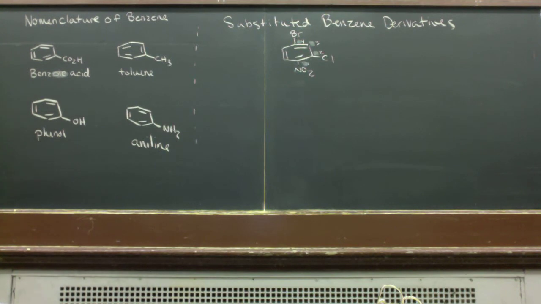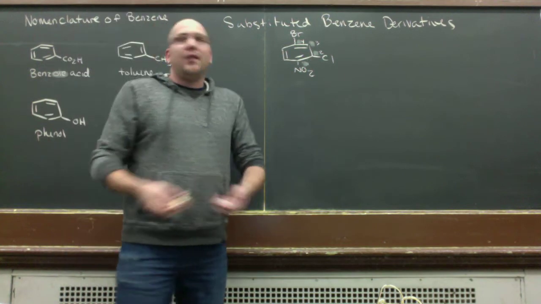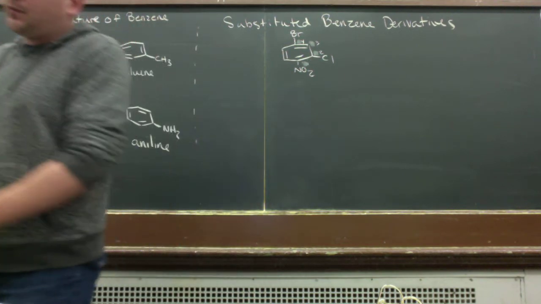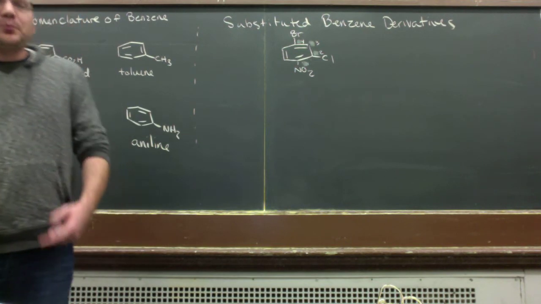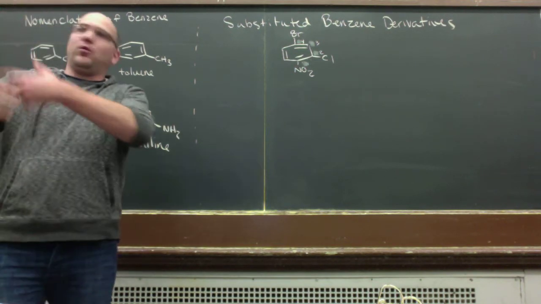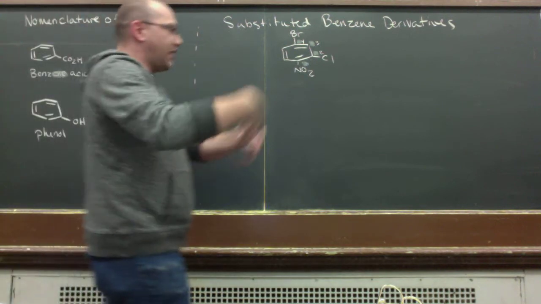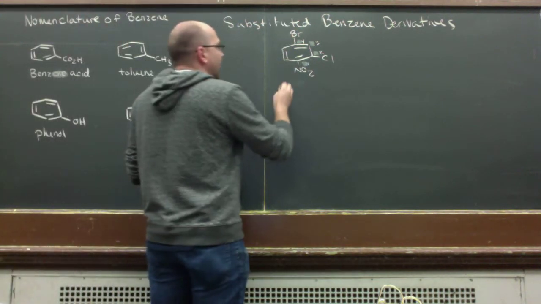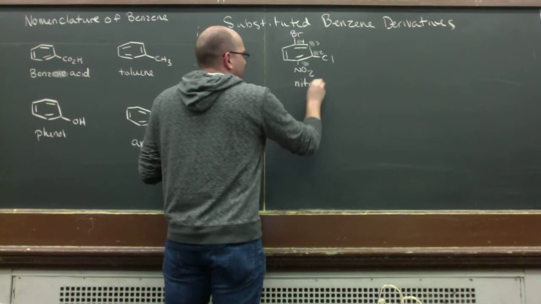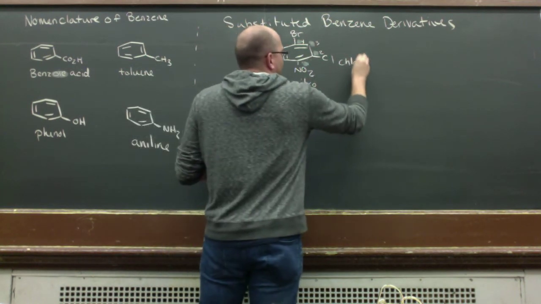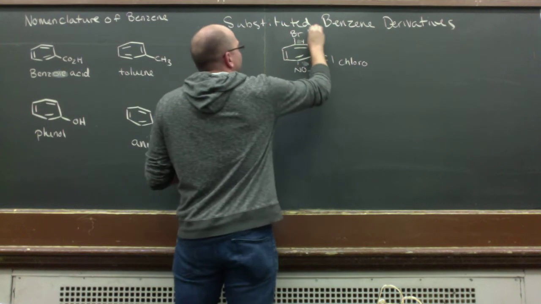And then when we name them and write the numbers for them, you guys remember from last semester, you'll oftentimes now go alphabetically. Again, this doesn't say anything about the chemistry, so I don't really care that much about it. But we have a nitro, chloro, and a bromo.